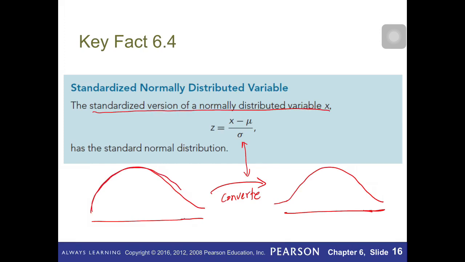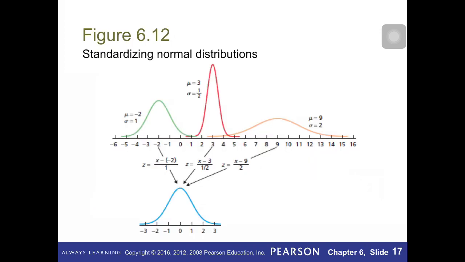This is also normally distributed, but we need the standardized version. So you consider each observation x minus the mean of the distribution divided by the standard deviation of the distribution, so that you can convert every observation into a standard normal distribution. We will see how we use this concept to solve problems.